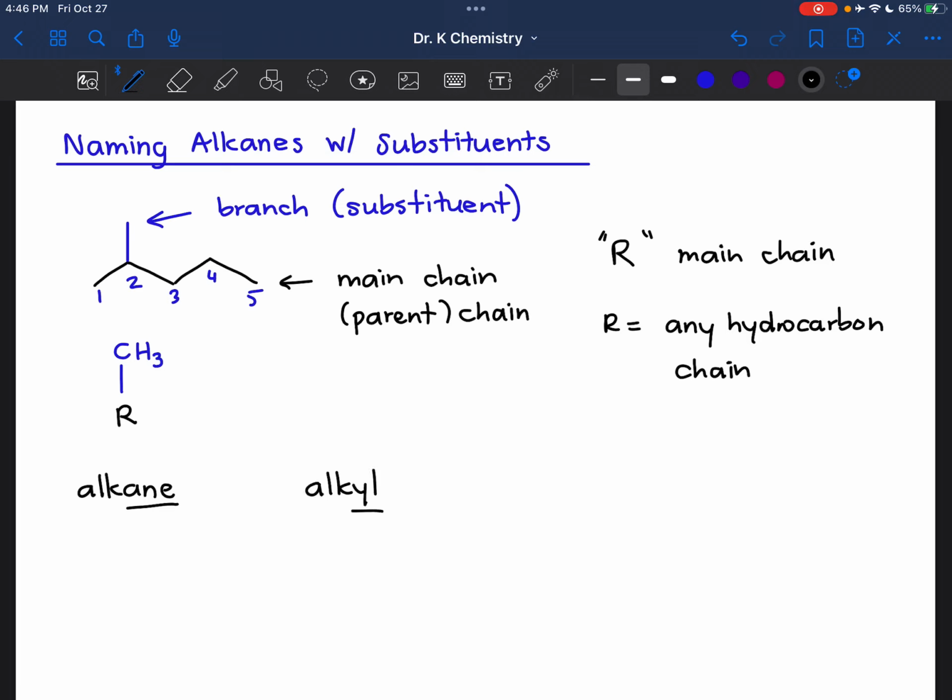An alkyl group is telling us that this is an alkane that is connected to something else. So an alkyl group is a carbon branch connected to a carbon chain.